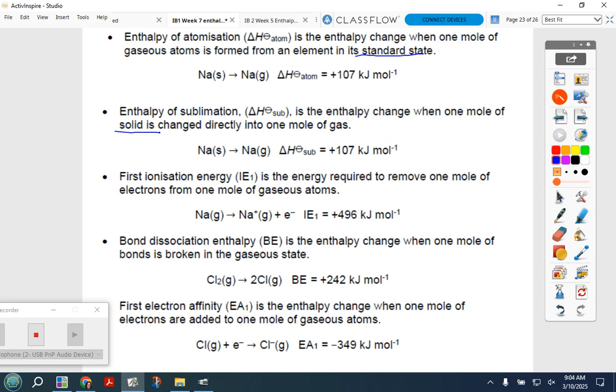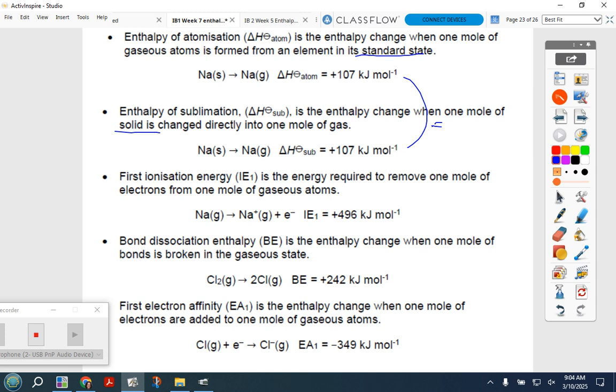It might be a liquid, for example, if it's bromine. So the reason these are exactly the same is that the standard state for sodium is the solid state. I think what he's trying to do by including both of these is just to point out that depending on the element, you might use one or the other to get to the point where you have gaseous atoms. Okay.